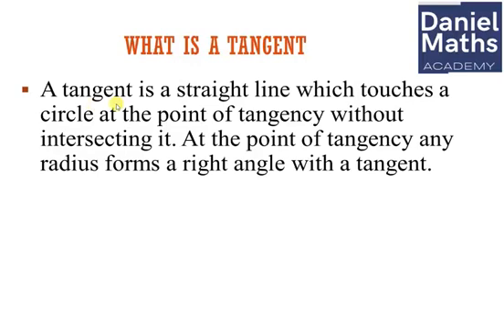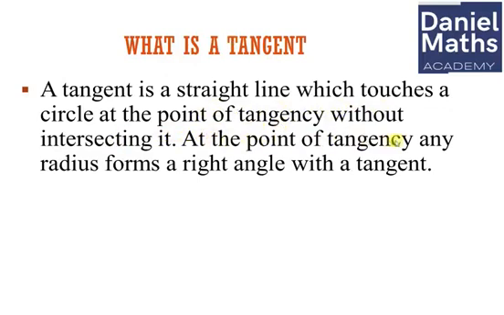As we start with the basics, what is a tangent? We define a tangent as a straight line which touches a circle at the point of tangency, without intersecting it.